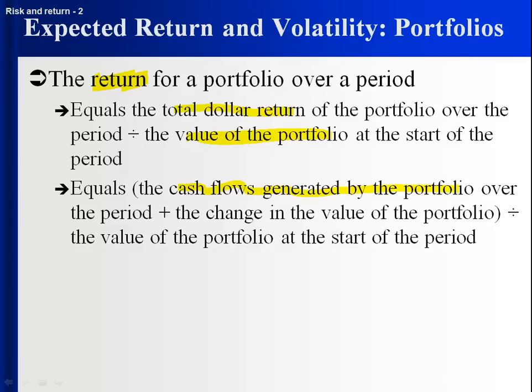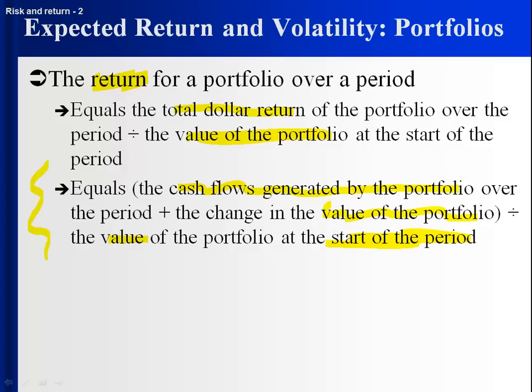Let's say it has some real estate in there, all the cash flows from the real estate, plus the change in the value of the portfolio. So how much was the whole portfolio worth at the beginning? How much was the whole portfolio worth at the end? Subtract, and divide by the value of the portfolio at the start of the period.